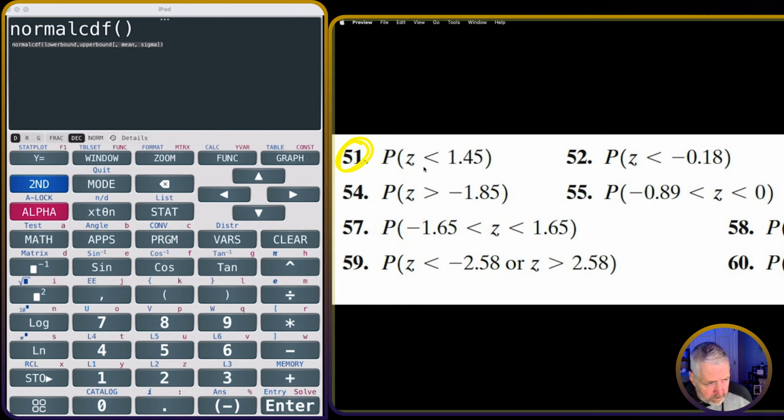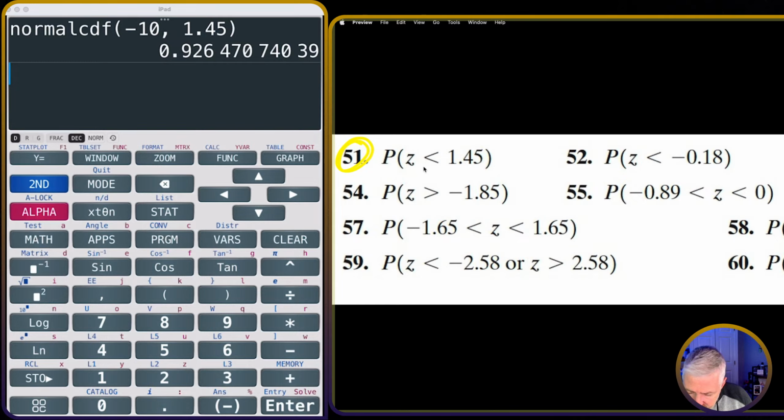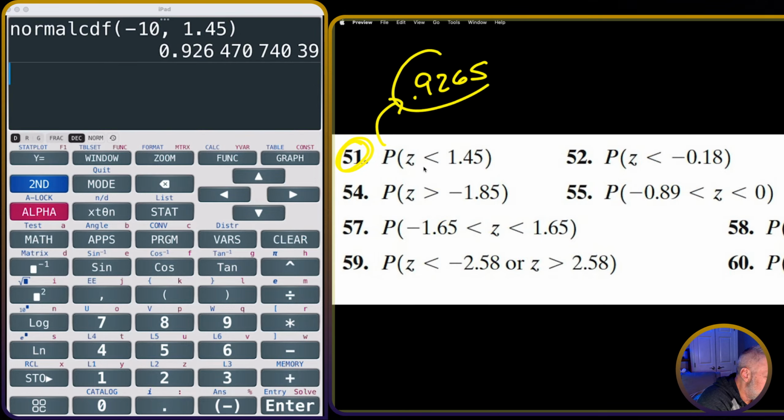And it's less than, so we're going all the way to negative infinity. So you've got negative 10, comma, 1.45. About 93%, so 0.9265. So you see, you could have problems that are already transformed into the z-score.